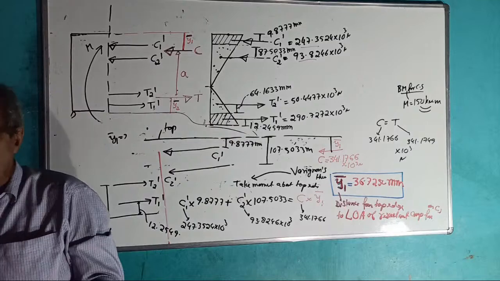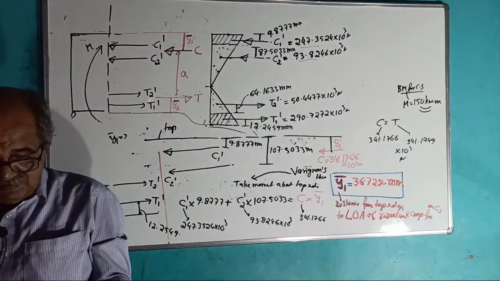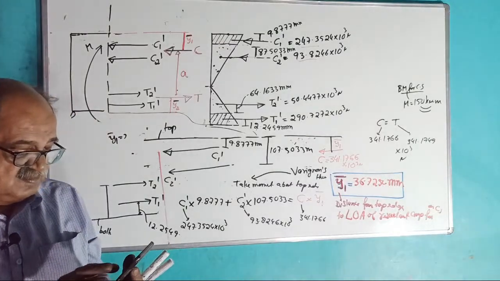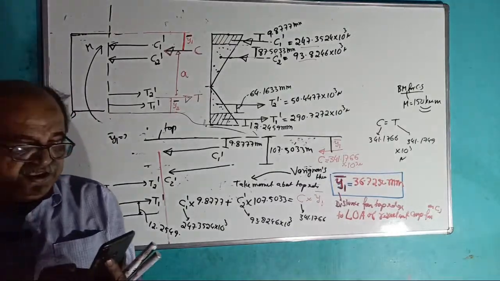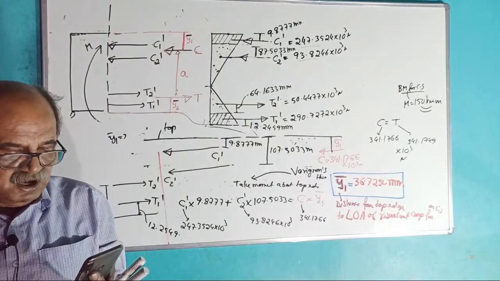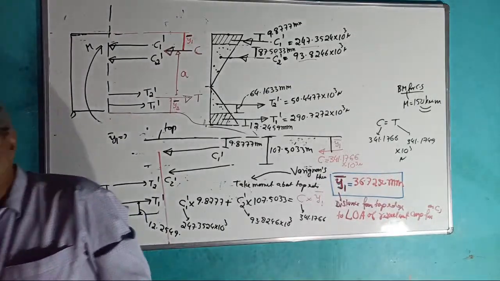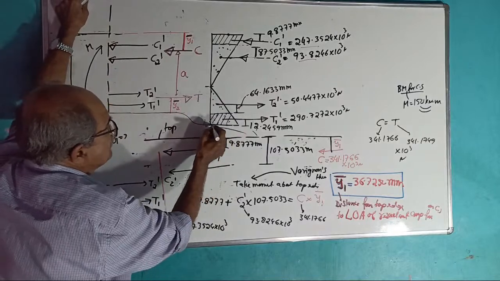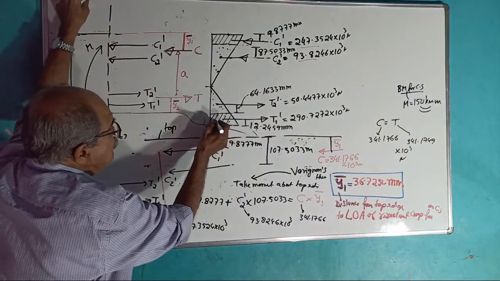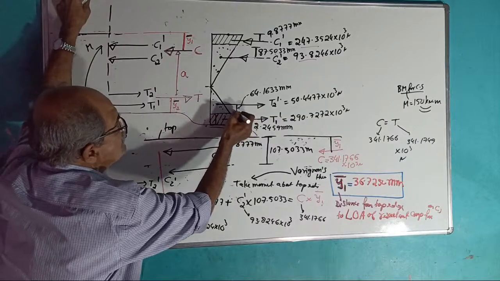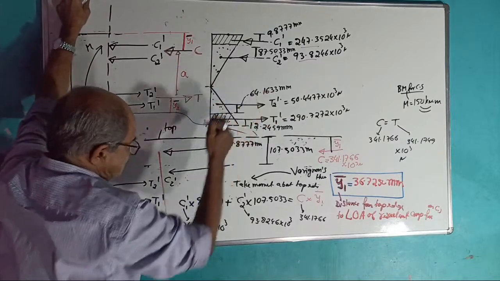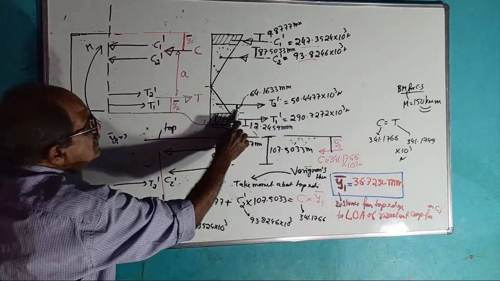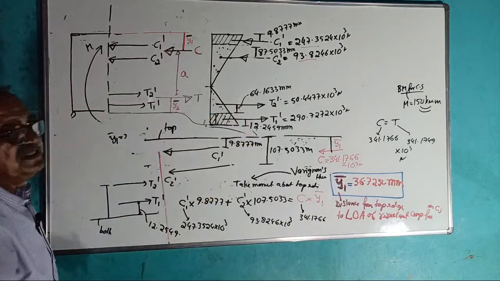What is the thickness of the bottom flange? Fast. Thickness of the bottom flange. 25 millimeter. If that is 25 millimeter, your T2 dash from bottom edge will be 25 plus another 64.1633. Tell the answer.